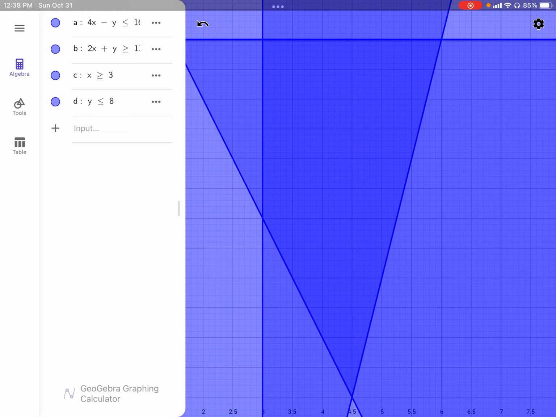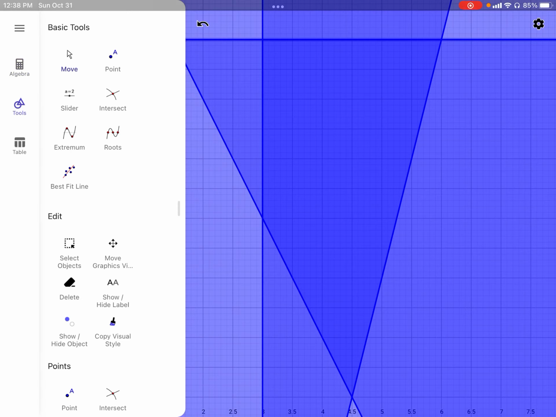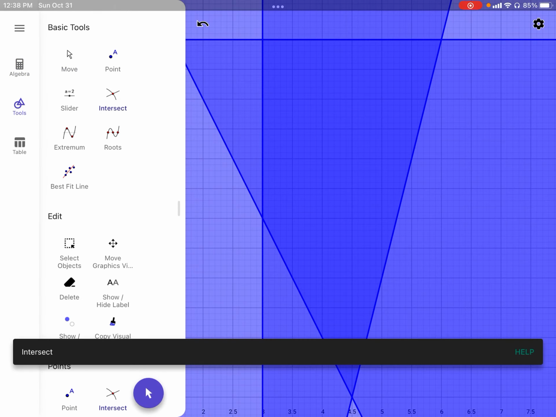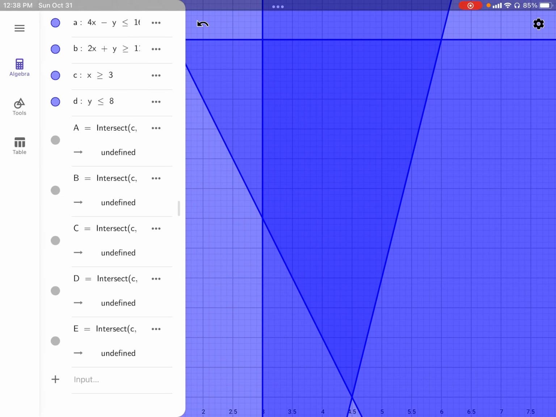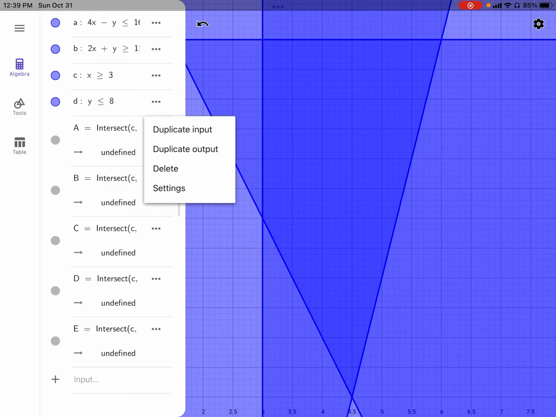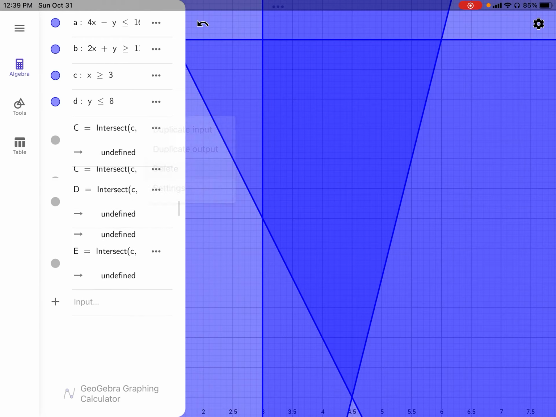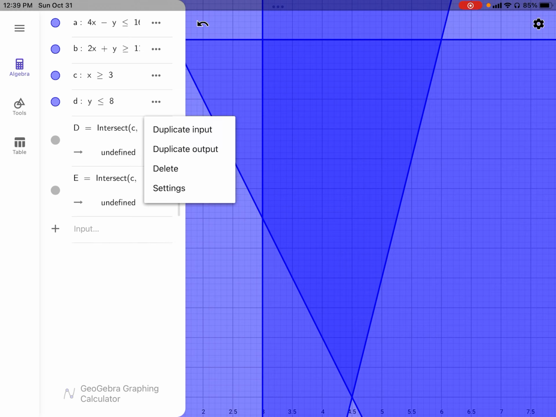But the problem I was having is if I use intersect and I select these two lines, it's not doing anything. But if I go back to my algebra, it looks like it is doing it, but it's not showing up. I don't know what is going on, but I found a workaround.